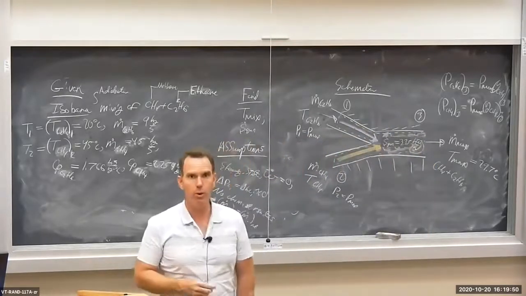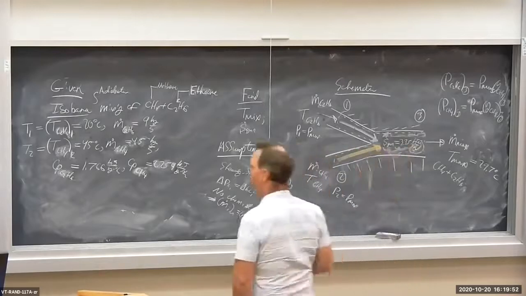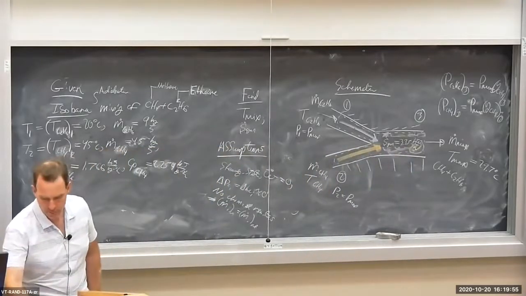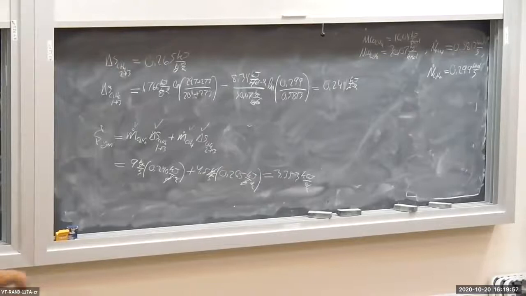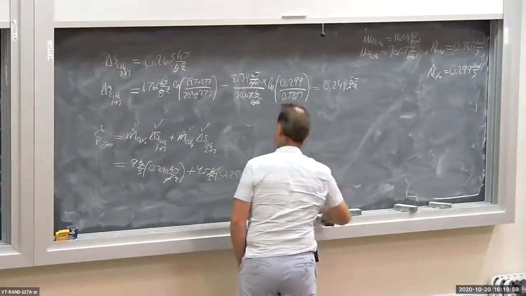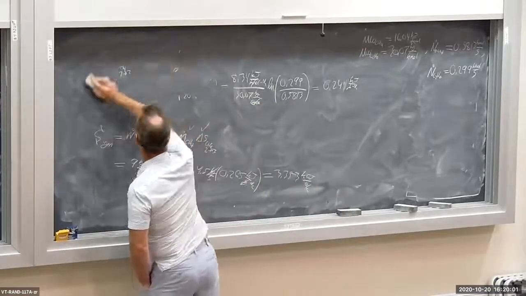Positive or negative or zero? Obviously, it's positive. So note, S dot gen is positive.